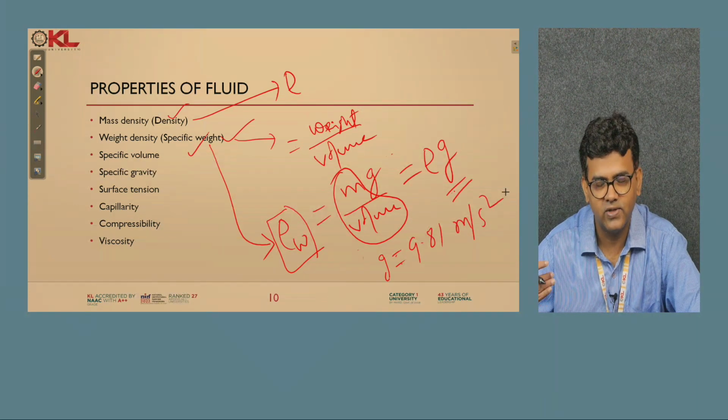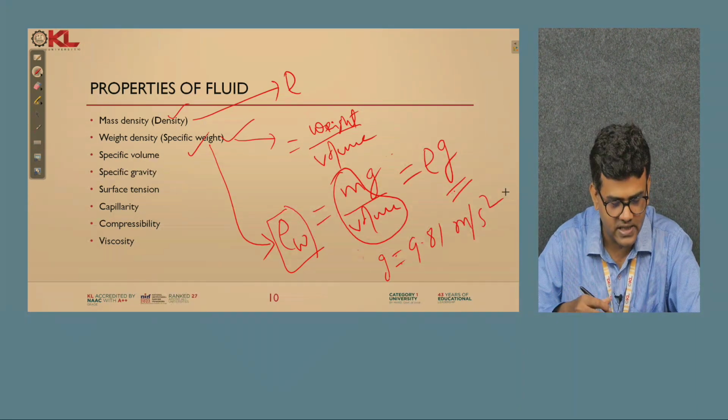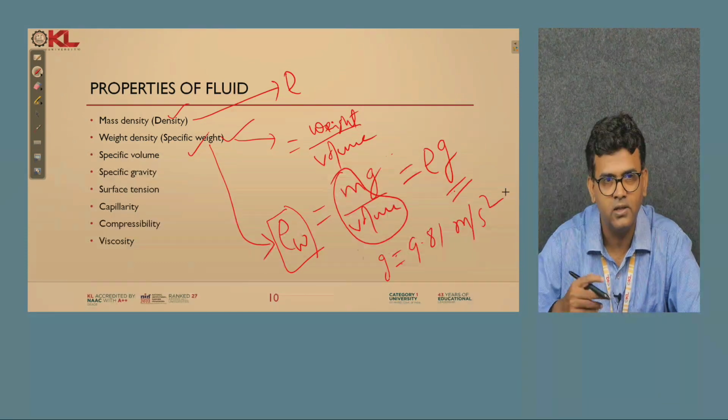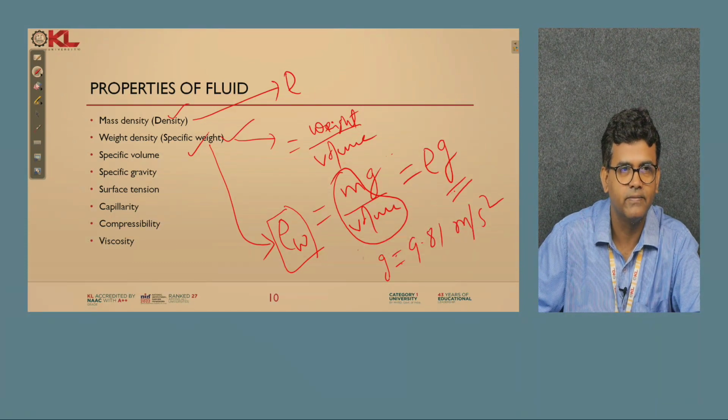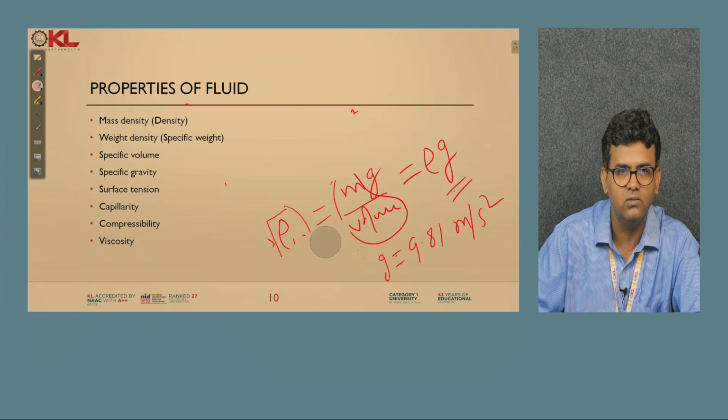So the first one is the density or mass density, and the second one is the specific weight or weight density.